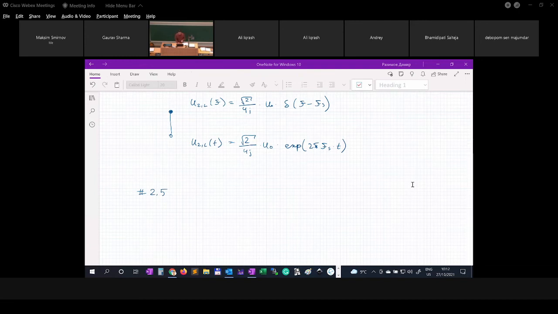Yes, it's called baseband. We call this baseband or low-pass range. Okay, let's go back.